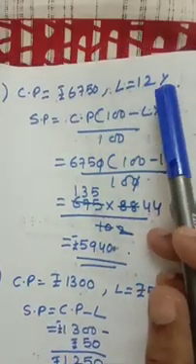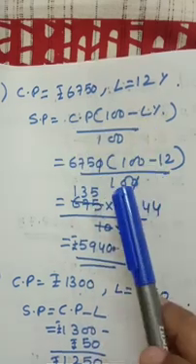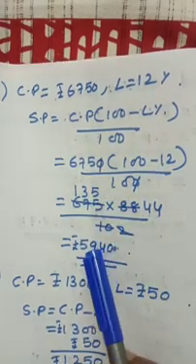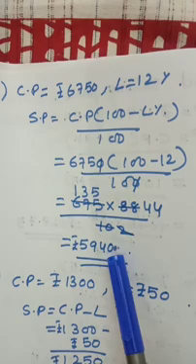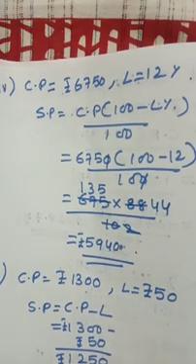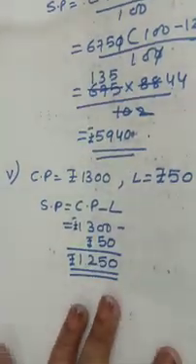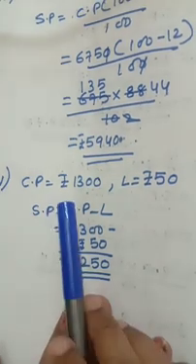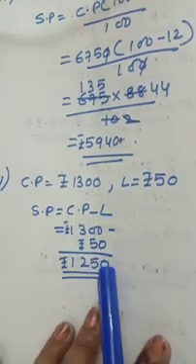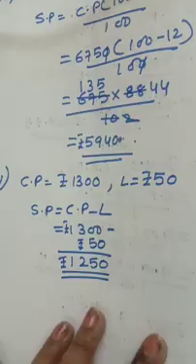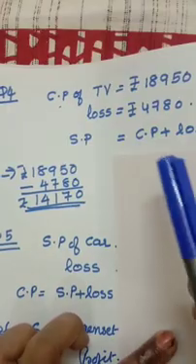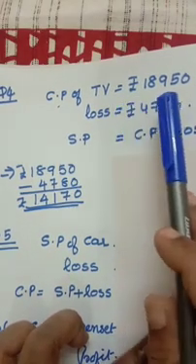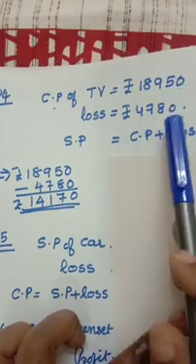Next question, question number 4. CP given, loss percentage given, SP formula, and you will get rupees 5940. CP and loss given, SP equals CP minus loss, you will get 1250. Question number 4, CP of TV given 18,950, loss given.